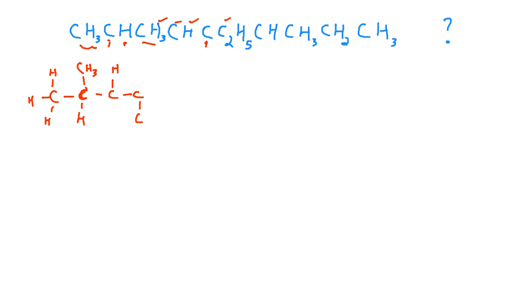Okay, and we've got a CH and a CH3. All right, and we have a CH2. And then finally, we have the CH3. But something's wrong, you'll see. Okay, so I put everything in.